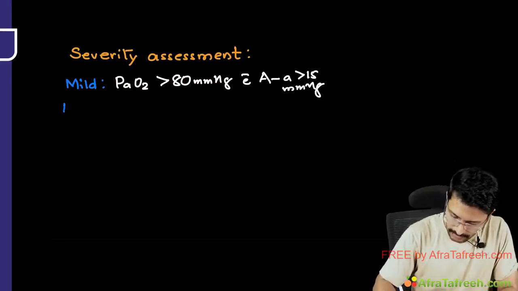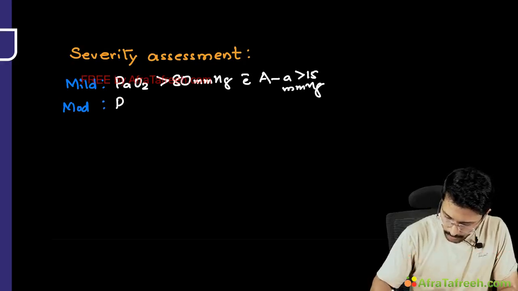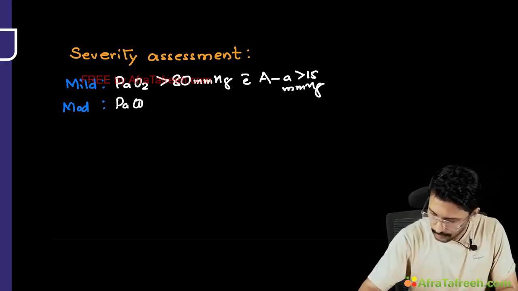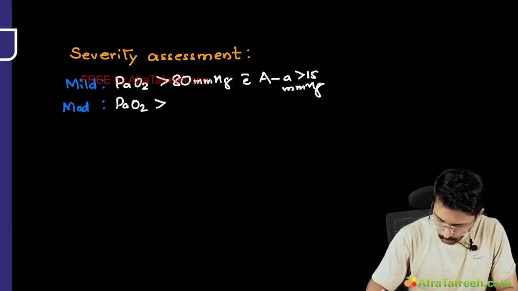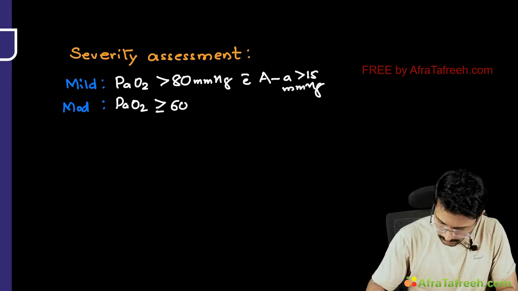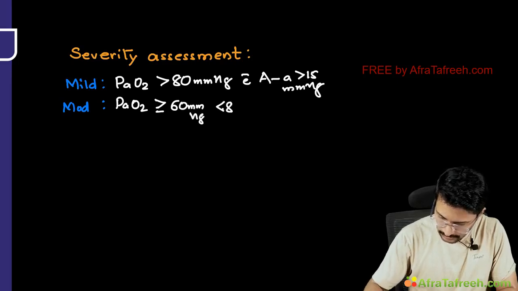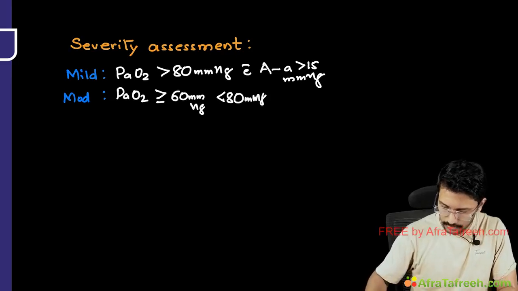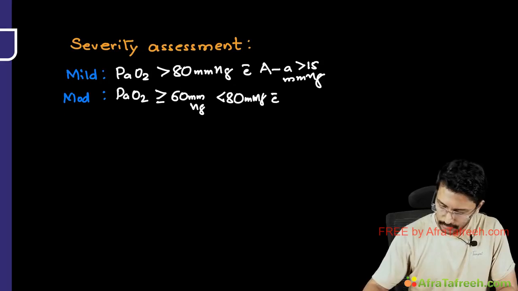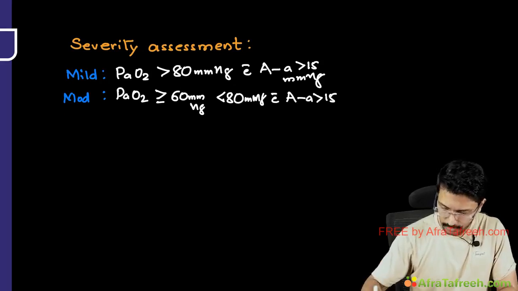Now second, I will call it moderate when PaO2 is more than or equal to 60 millimeters of mercury but less than 80 millimeters of mercury, obviously with an alveolar arterial oxygen gradient of more than 15 millimeters of mercury.